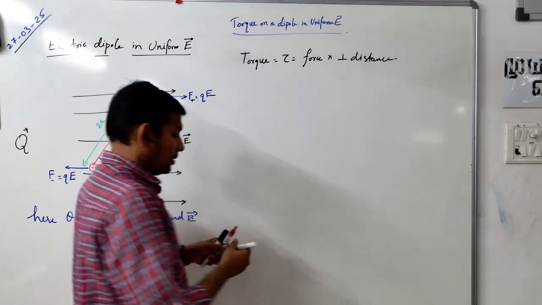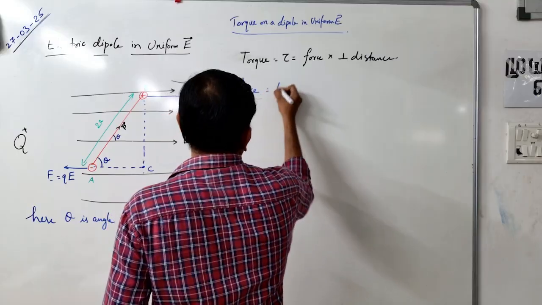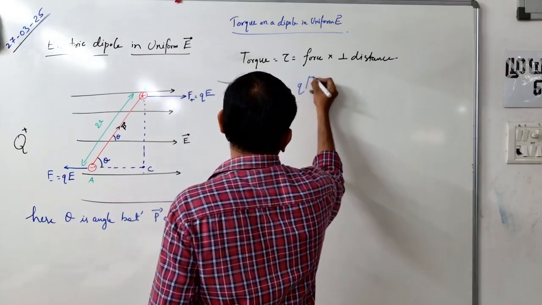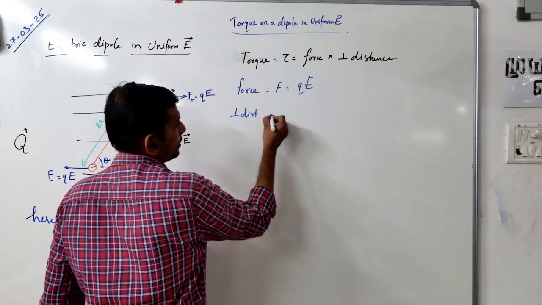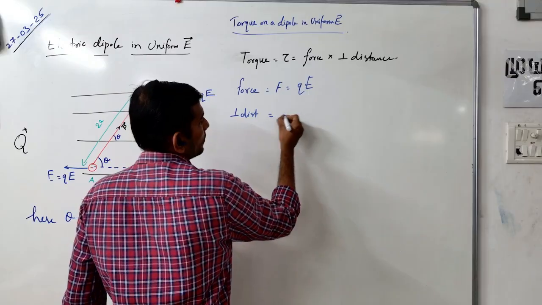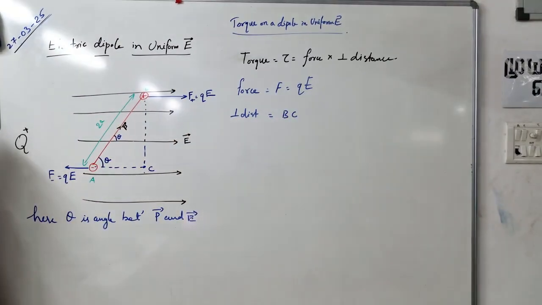So here I can write the force is given by F is equal to Q into E, and the perpendicular distance is given by BC. Is that right?